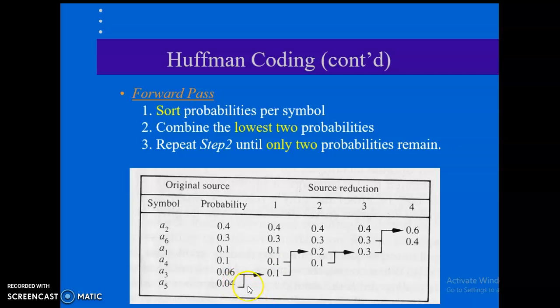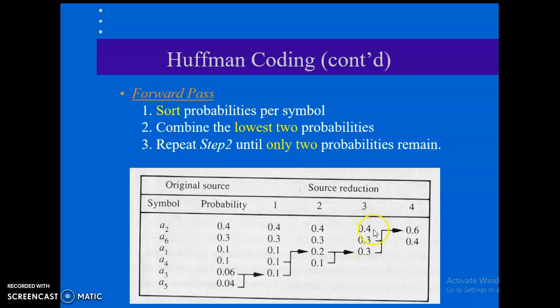Then 0.06, 0.04. Adding here, 1 plus 1, here 2. So 0.4, 0.3, 0.2, 0.1. Then add these two: 0.4, 0.3, 0.2 plus 0.1 is 0.3.